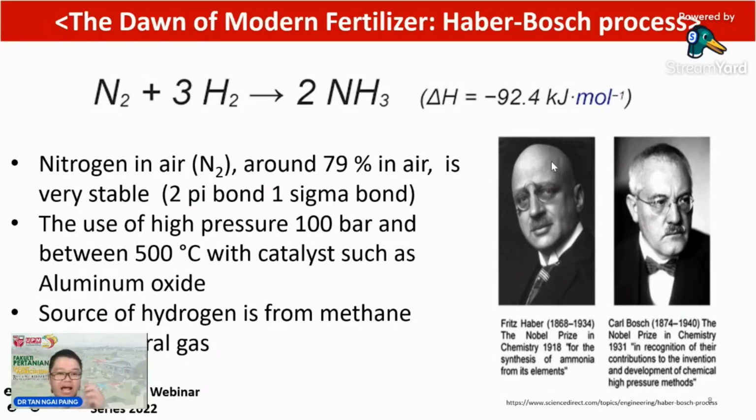And the source of hydrogen is methane from natural gas.